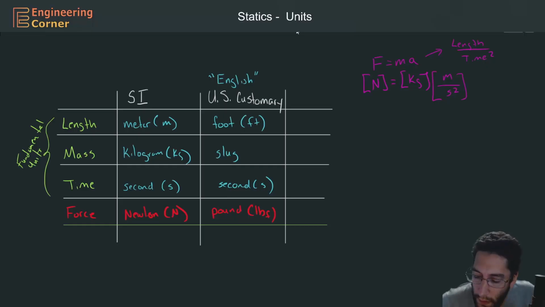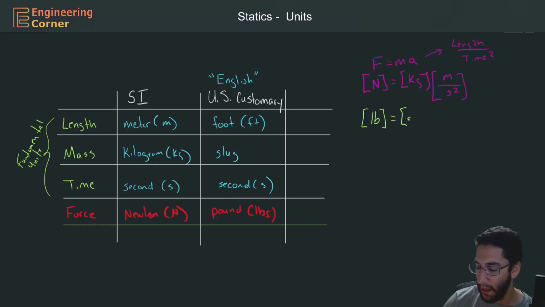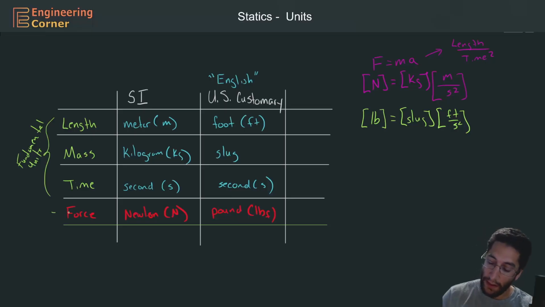Now, if we go to our US customary units, what we'll have is, okay, a pound is equal to a slug foot per second squared. So you can see they're on opposite sides of the equation, and we already said that they're not the same quantity, but the mistake is probably because of how we weigh ourselves and everything.